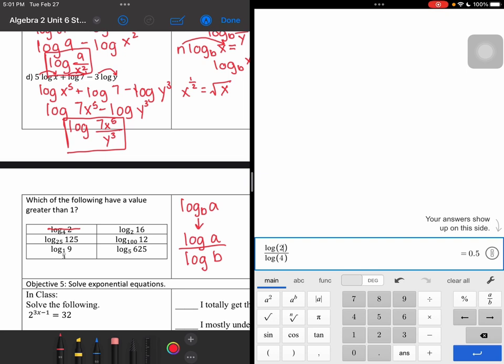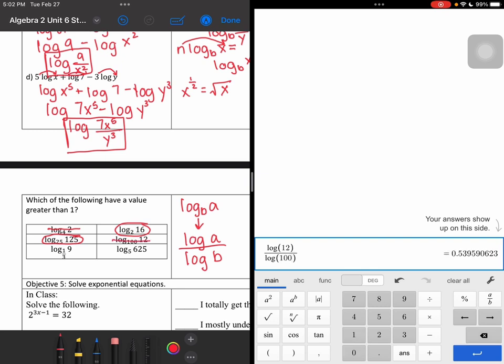Then I have log of 16 and log of 2. 4, that's greater than 1. Okay, and then I have log of 125 divided by log of 25, 1.5. That one's greater than 1. Log of 12 divided by log of 100.